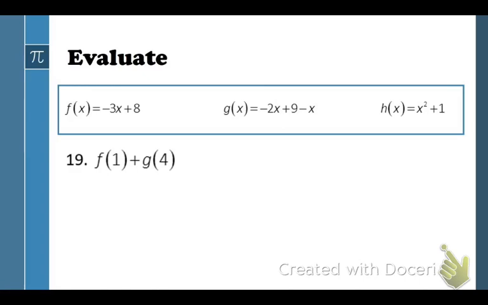So what I need to do is find out what f of 1 is, first of all. So in the f function, I'm going to put 1 in for x. So that's going to be negative 3 plus 8, which is going to be 5.